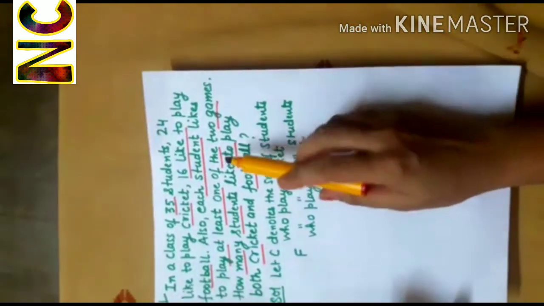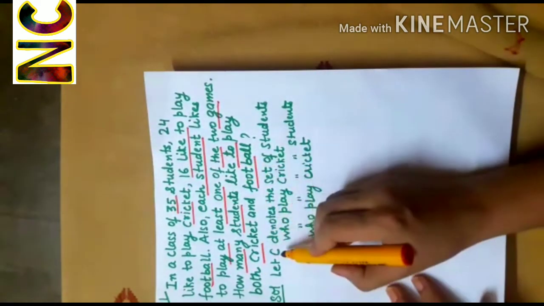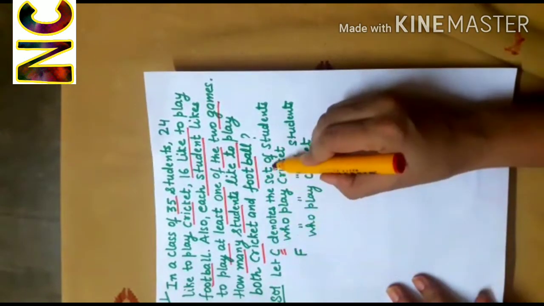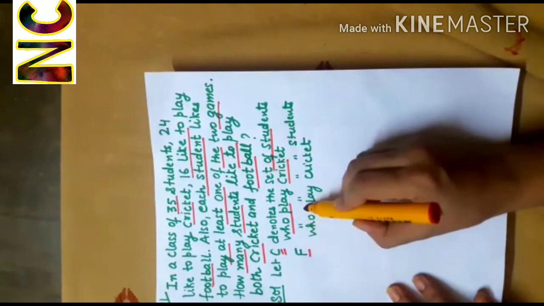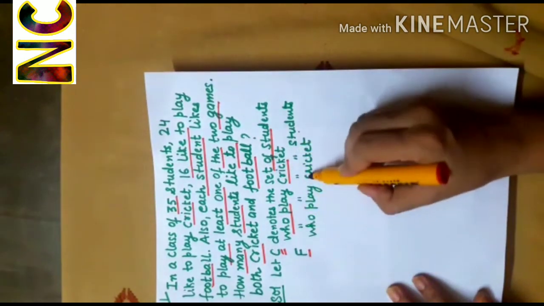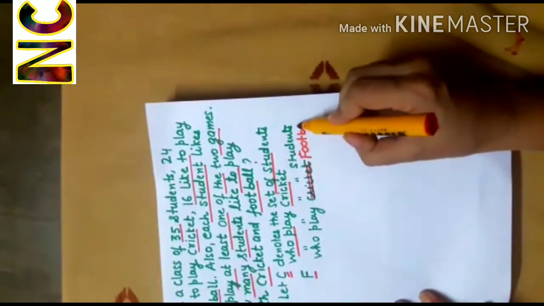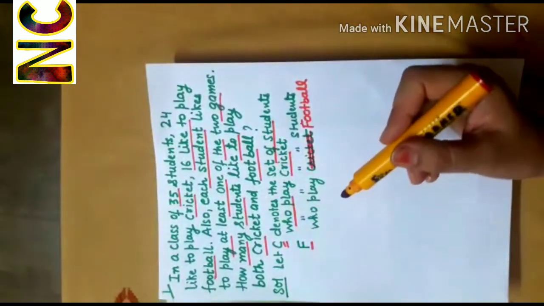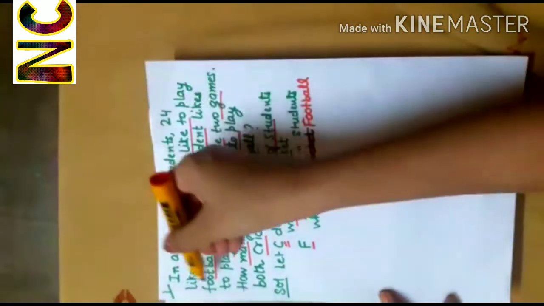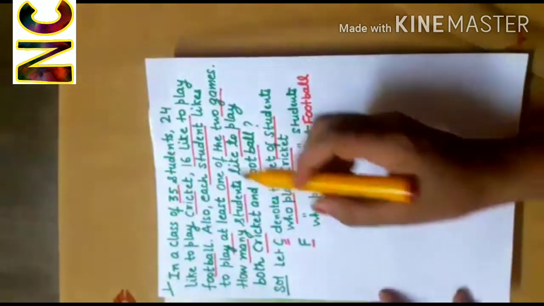Okay, here in this question we are talking about two sports, cricket and football. So here, let C denotes the set of the students who play cricket and F denotes the set of the students who play football. Right? Now, let's interpret these statements and give it a mathematical form.